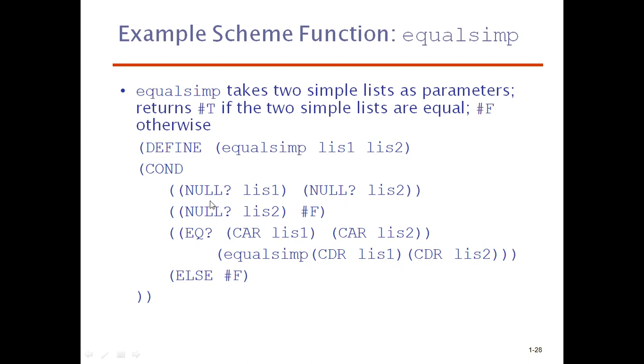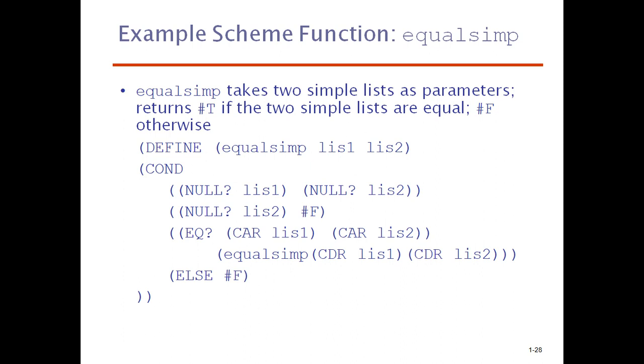Next, equal the first element of the first list and the first element of the second list. So you check the first element of the first list and the first element of the second list. If both are equal, you have to go on checking the second element of the first list and the second element of the second list. In order to get the second element, obviously you have to remove the first element from the list.